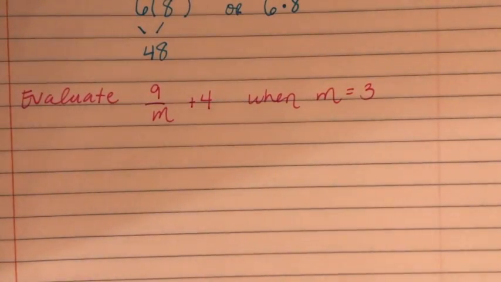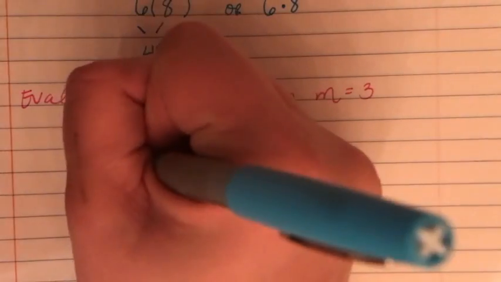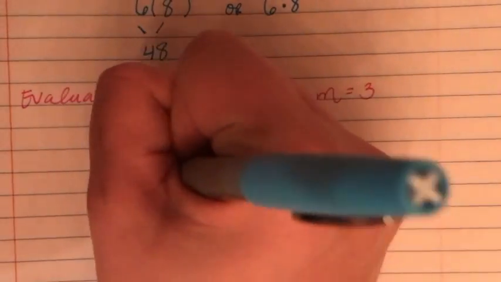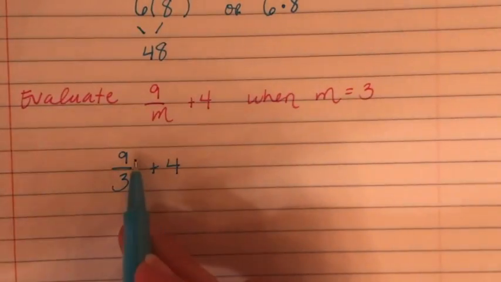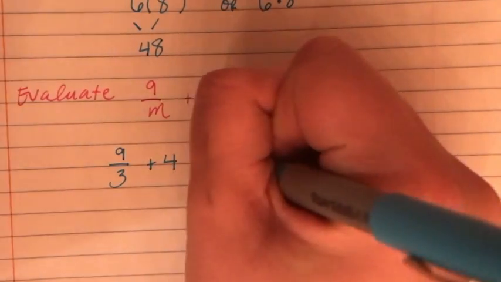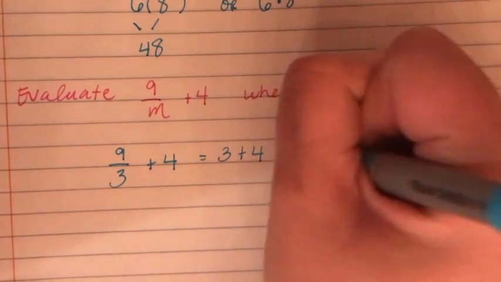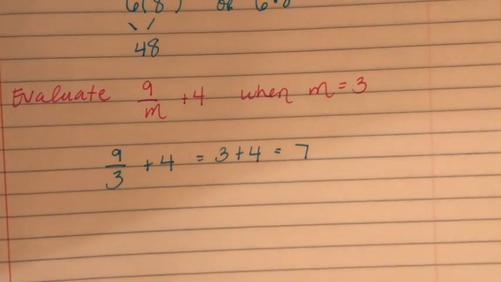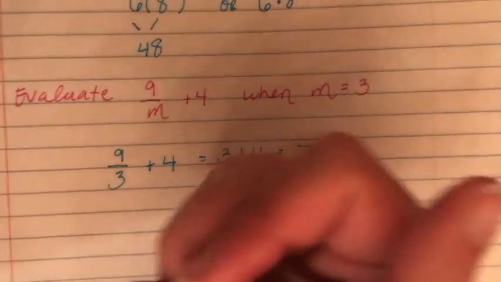So again, I'm going to replace. So I have 9 over 3 plus 4. 9 over 3, that's 9 divided by 3, so that's 3 plus 4, and I get 7 as my final answer. Okay, next one.